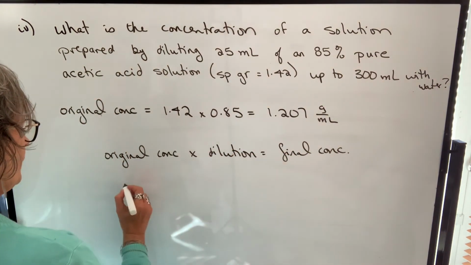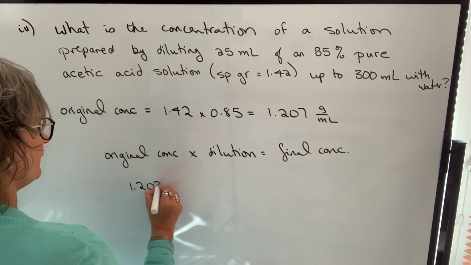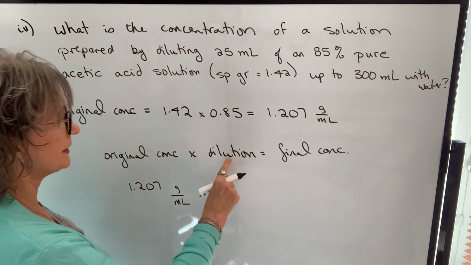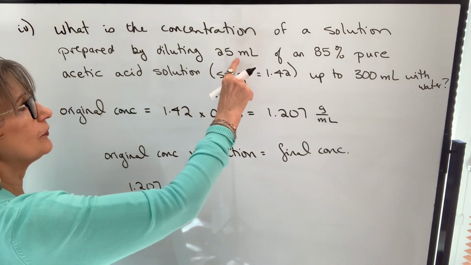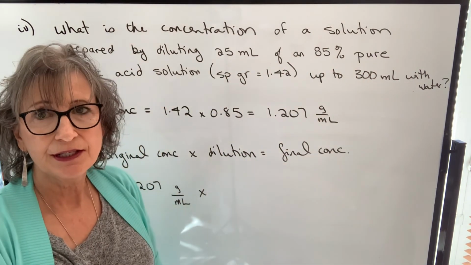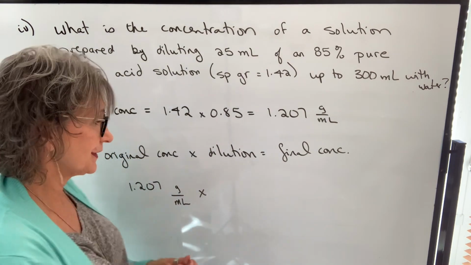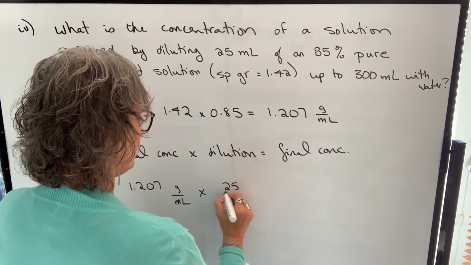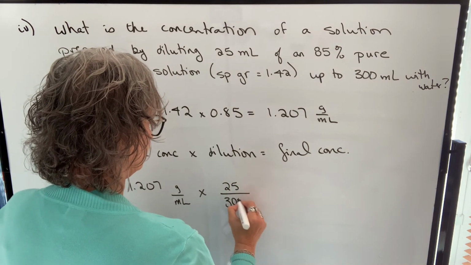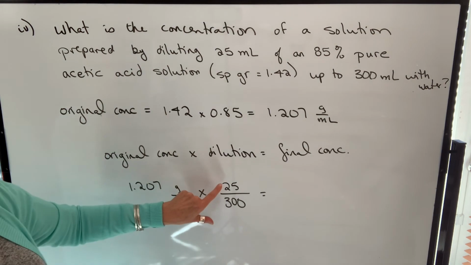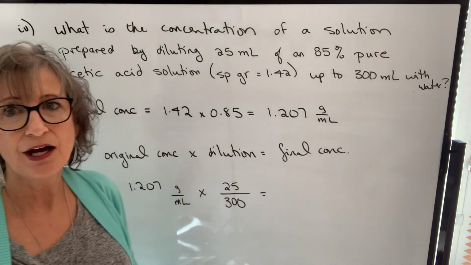So if we have 1.207 grams per milliliter, the dilution factor can be found using these two volumes. If I'm taking 25 milliliters and diluting it to 300 milliliters, that's a dilution factor of 25 to 300. When I take 1.207 and I multiply by 25 over 300, I get the same result.